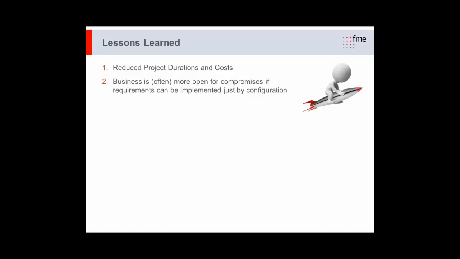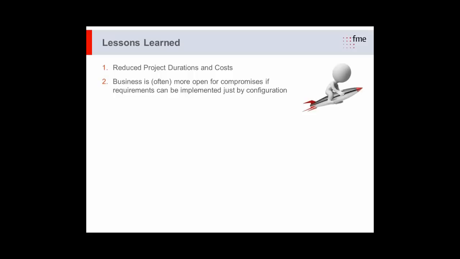The next thing: business is often more open to compromises if requirements can be implemented just by configuration. What does it mean? For me, this is a daily situation: the business wants a highly custom function, which is cost intensive and needs a lot of customization.